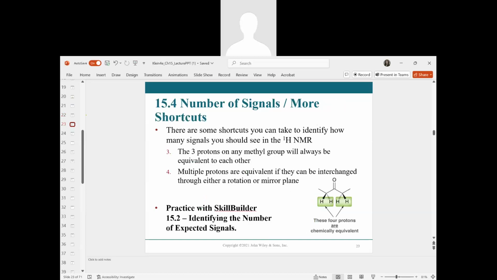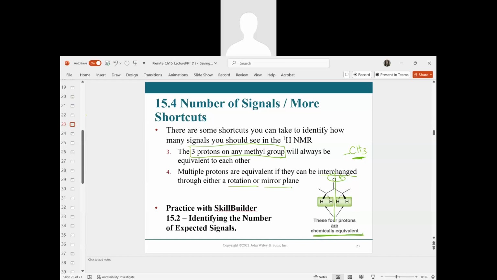And we have another shortcut shown here. 3 protons on any methyl group will always be equivalent. So anytime you see CH3, all these protons are equivalent. And if we have multiple protons that could be interchanged either through a rotation or a mirror plane, so in this case, we could interchange these protons through both, either a rotation or a mirror plane, all 4 of these protons would produce one single signal.